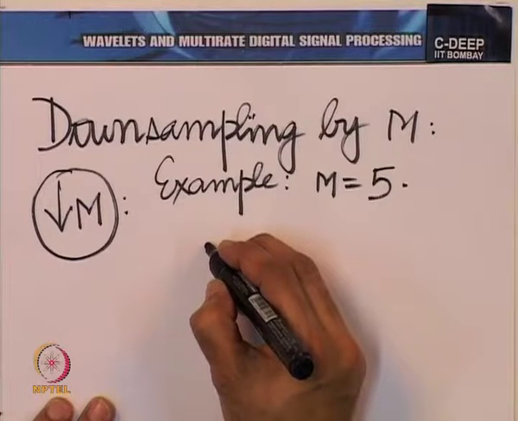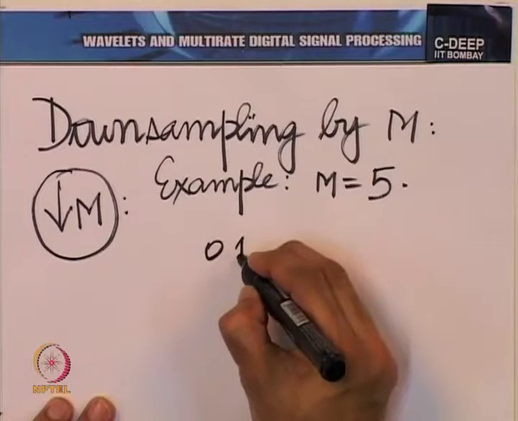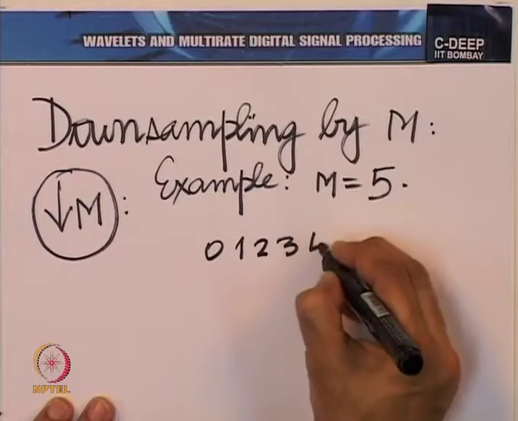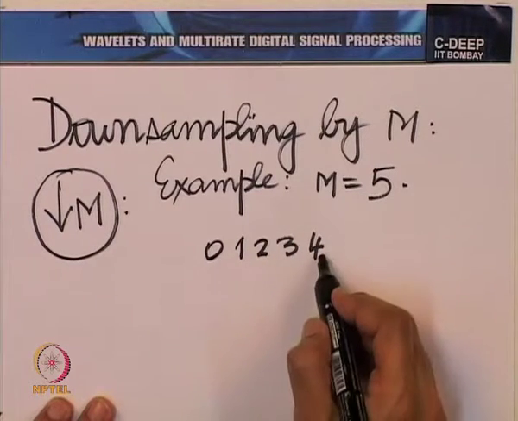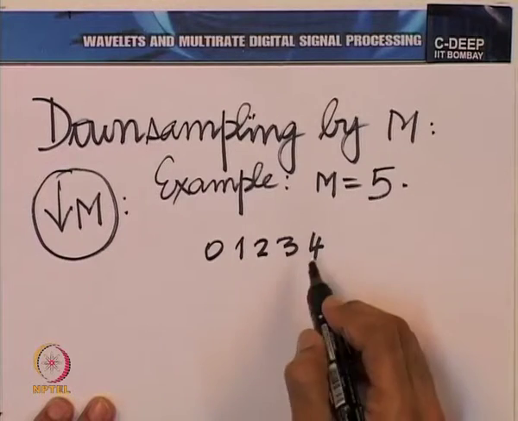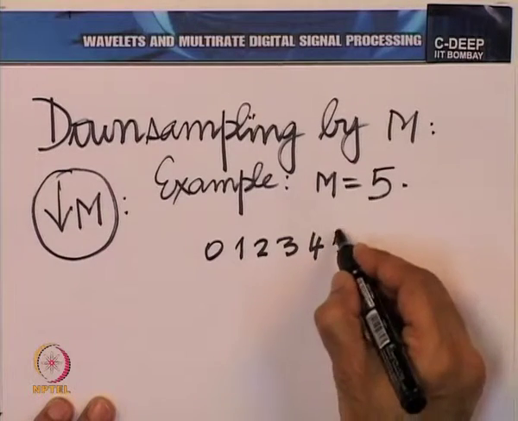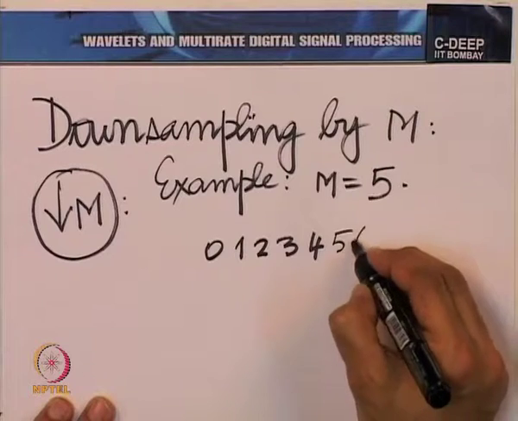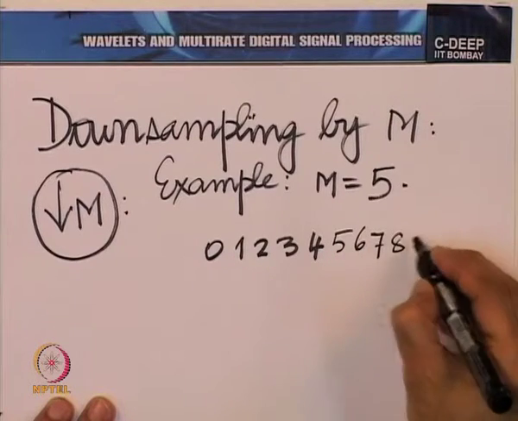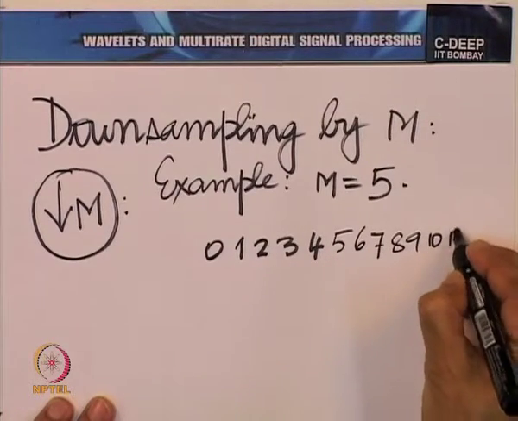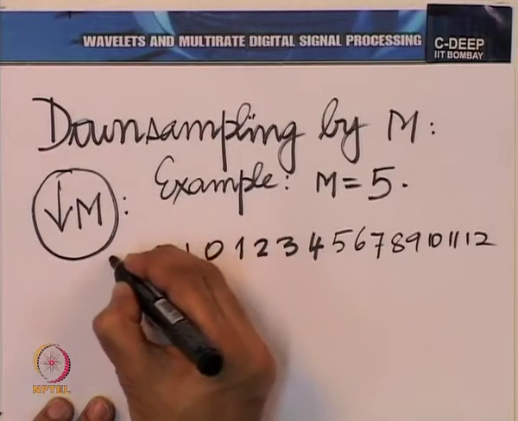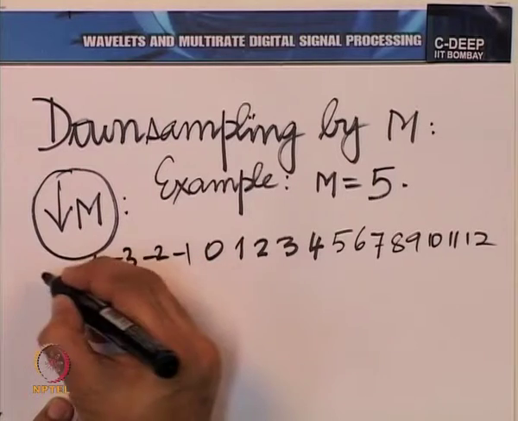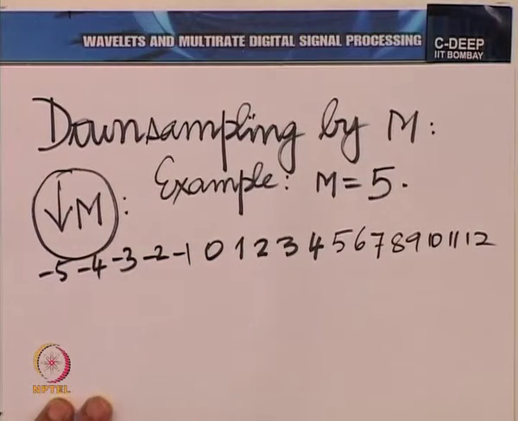I have these samples here 0, 1, 2, 3, 4. What I am writing here, please remember, are the indices of the samples, not the values of the samples. So, 0, 1, 2, 3, 4, 5, 6, 7, 8, 9, 10 and 11 and so on. And similarly, on this side -1, -2, -3, -4, -5 and so on.